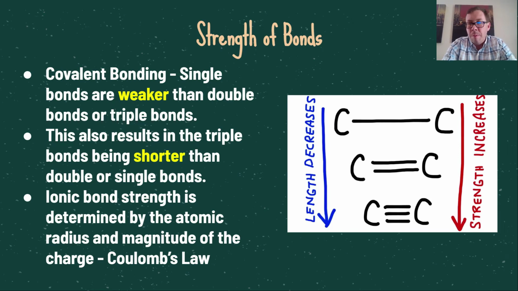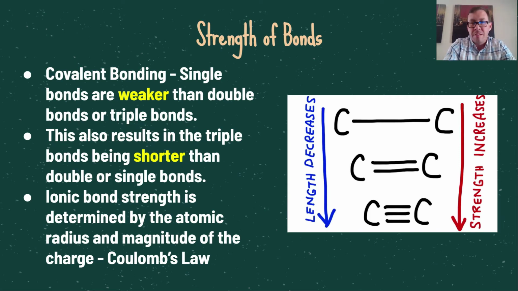This also results in triple bonds being shorter than double or single bonds. Again, stronger attraction, right? The closer they're going to be to one another. Again, same concept, Coulomb's law. The stronger the attraction, the closer those atoms are going to be together. So as the strength of the bond increases, the length between the two individual atoms decreases. So a triple bond is going to be shorter than a double bond, which will be shorter than a single bond.